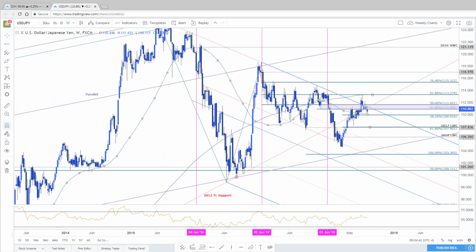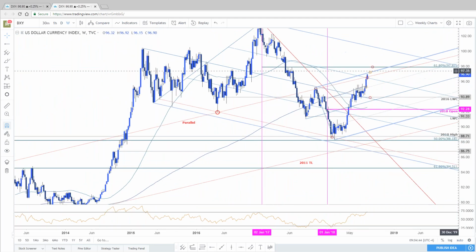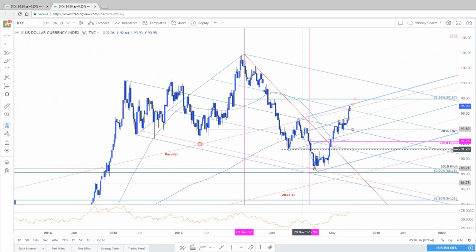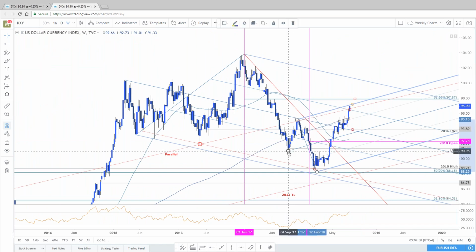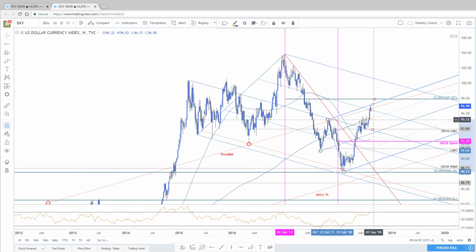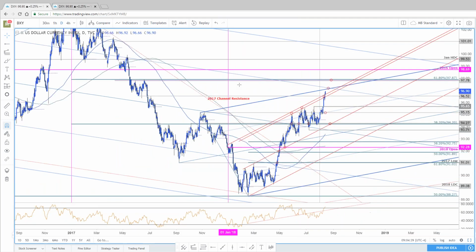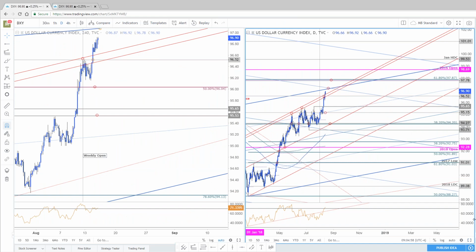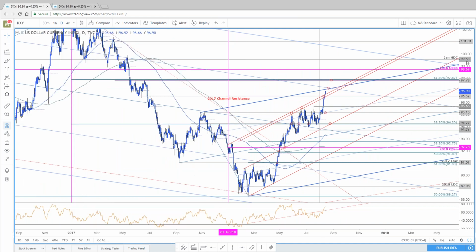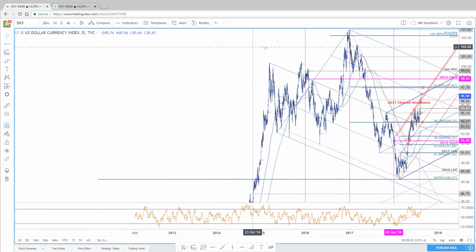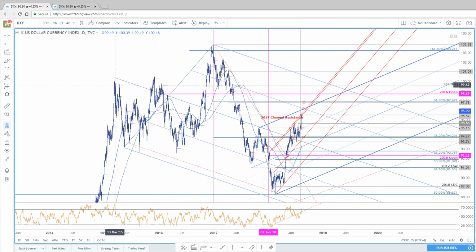Let's show you the weekly chart first. Okay, so uptrend resistance for this pitchfork off the lows that we made last year. Okay, on the broader picture for the daily chart, here's the pitchfork off the highs. Boom, boom, boom.